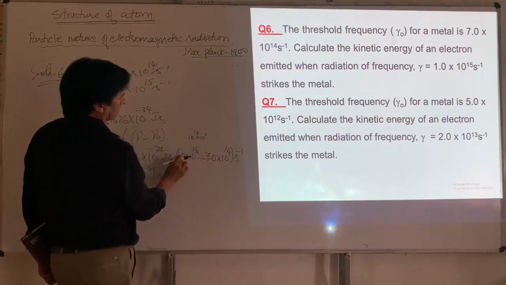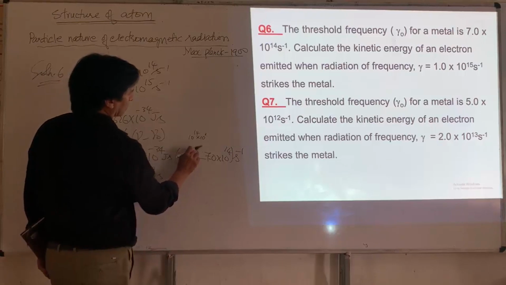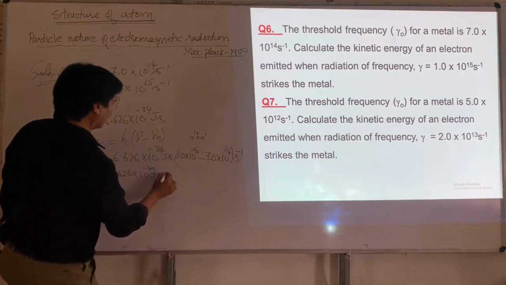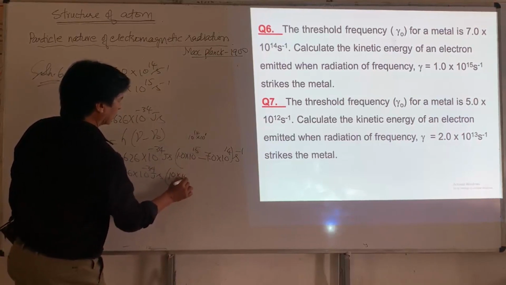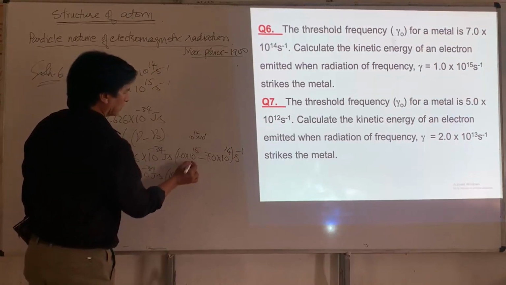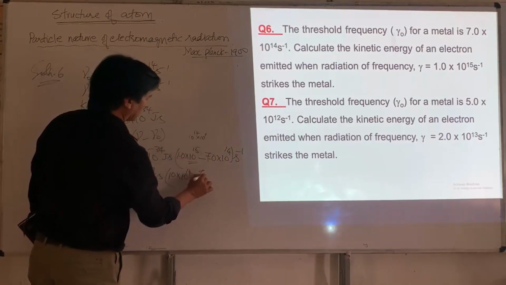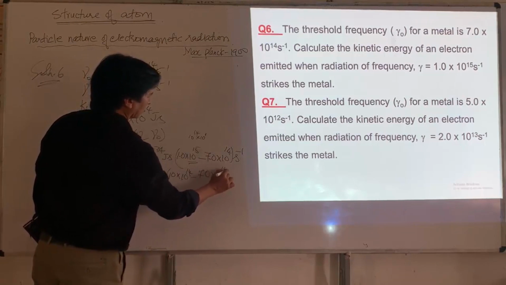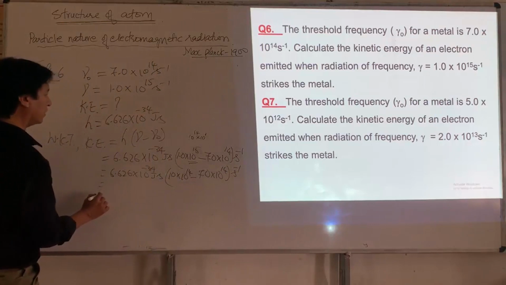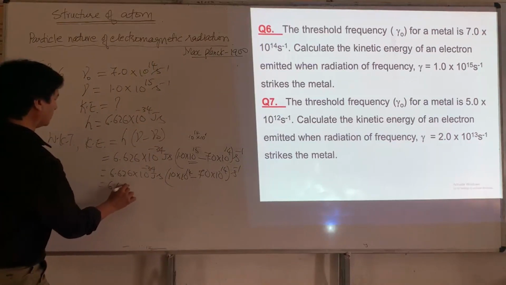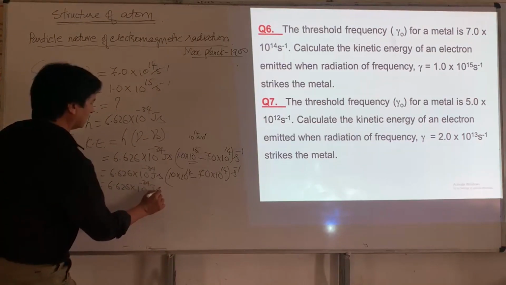So 1 multiplied by 10 is 10 itself. This 10 raised to power 15 is the same as 10 raised to power 14 into 10 raised to power 1, minus 7.0 into 10 raised to power 14. This is per sec.